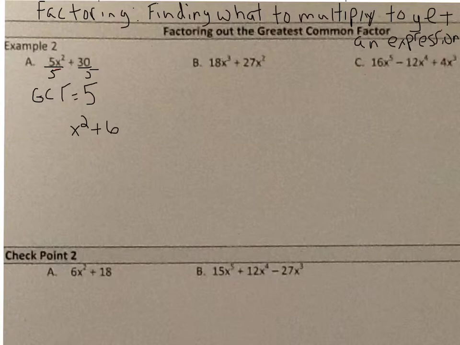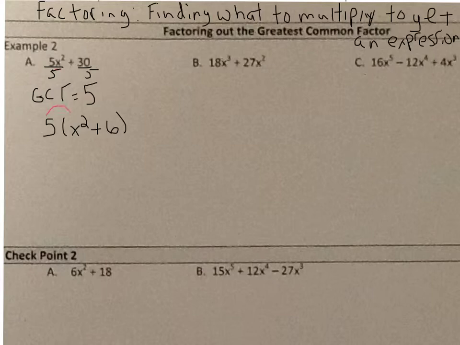Well, that greatest common factor, that 5, goes out front. You put what's left after you factor in parentheses, and you put the greatest common factor out front as a 5. Now, how do I know that's equal to it? We can do a check. You just distribute it back.